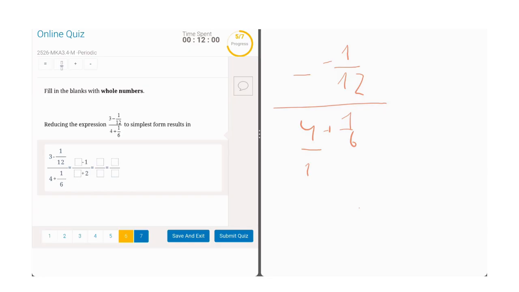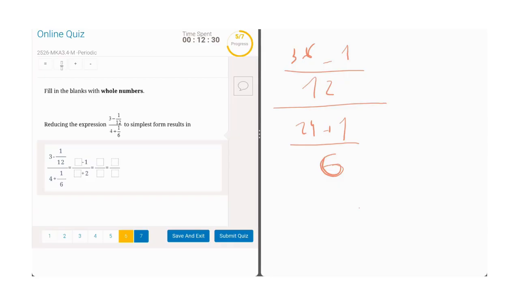So I can get 3 times 12, 36 over 12. So you can rewrite this entire thing as 36 minus 1 over 12. And we do multiply the bottom by 6 on both sides. So I'll have 24 over 6. And then we can remove all of this and put 24 like this.